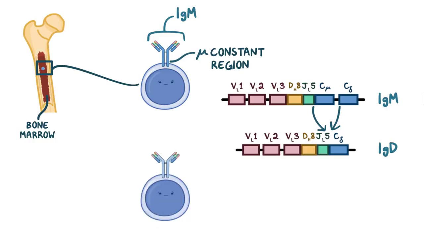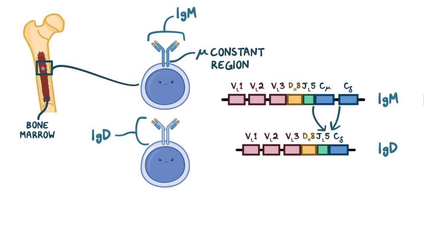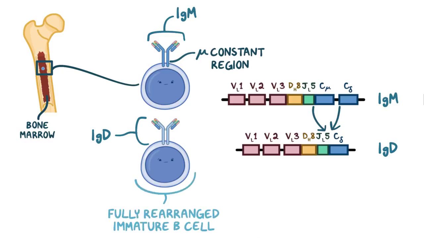But all of the antibodies, both IgM and IgD, still have the same antigen binding specificity. The presence of the IgD constant region on some of the B cell receptors is a bit like a driver's license. It signals to the bone marrow that the B cell is a fully rearranged immature B cell that should be allowed out on the open road.